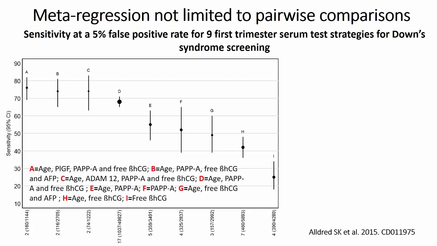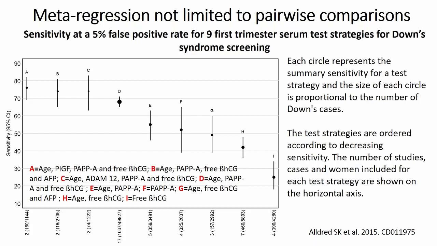Just for completeness, the names of the different tests are on there. Each circle represents the summary sensitivity for the test strategy, and I've scaled it according to the number of Downs cases.